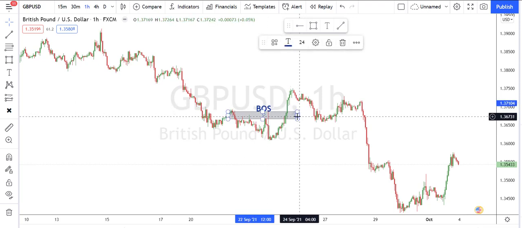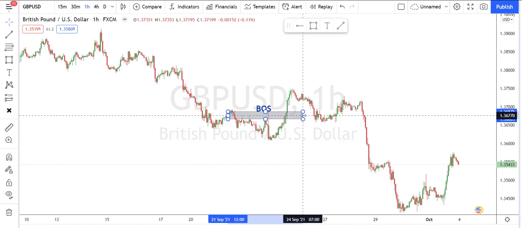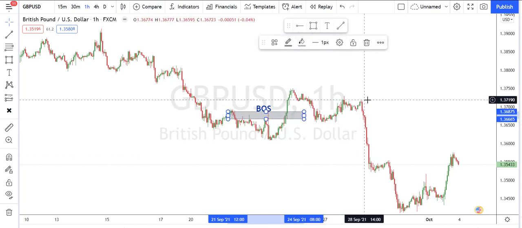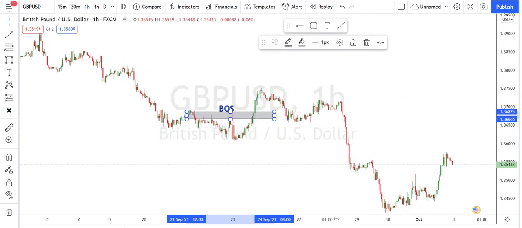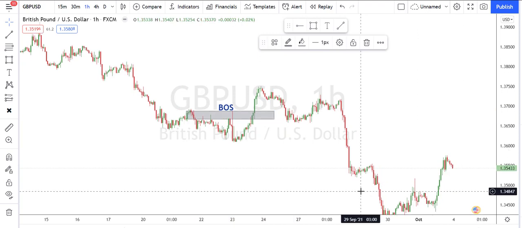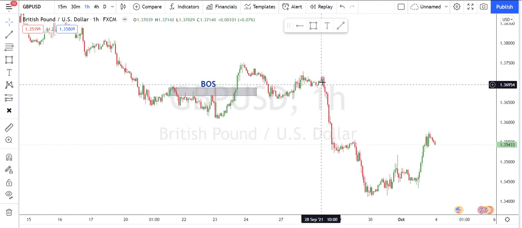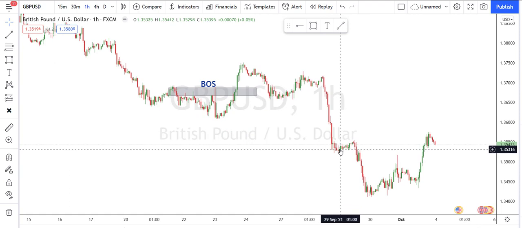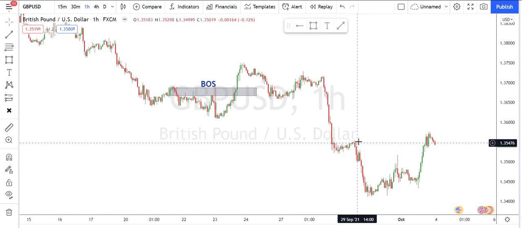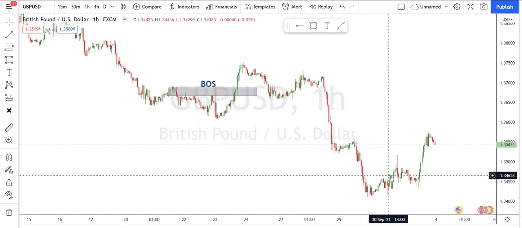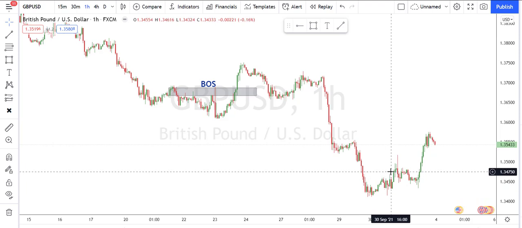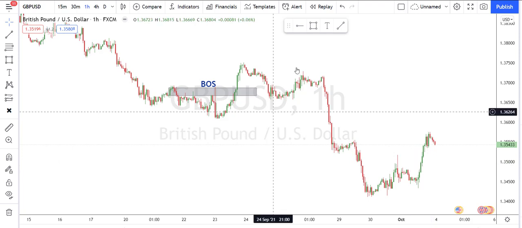Now, if we look right here, we can see that price actually couldn't hold the structure, and then price created a lower low structure here, and a lower high, and then a lower low, lower high, lower low, and then a lower high. And as you can see, it broke the structure right here as well.